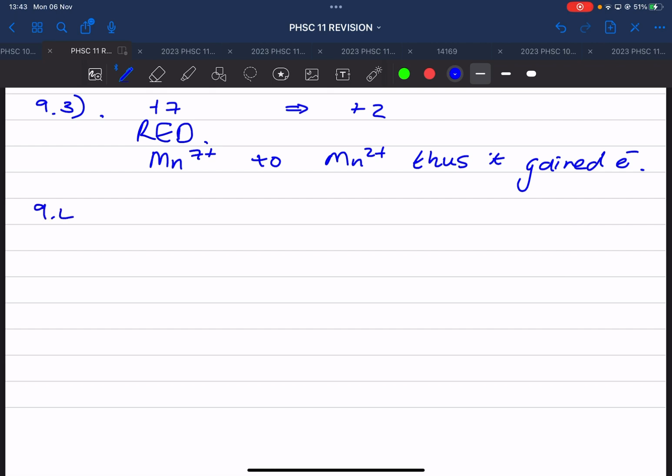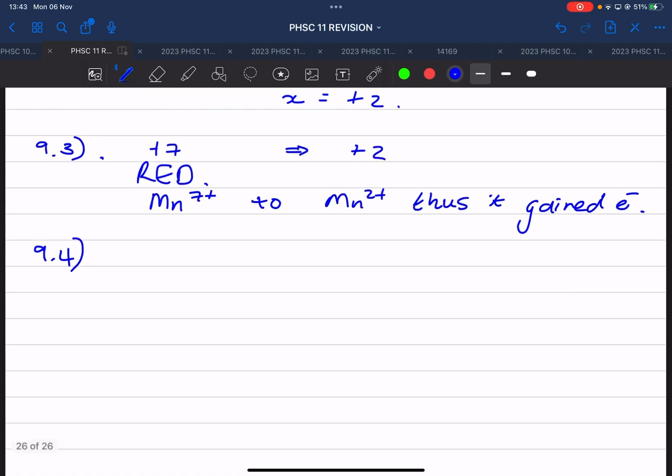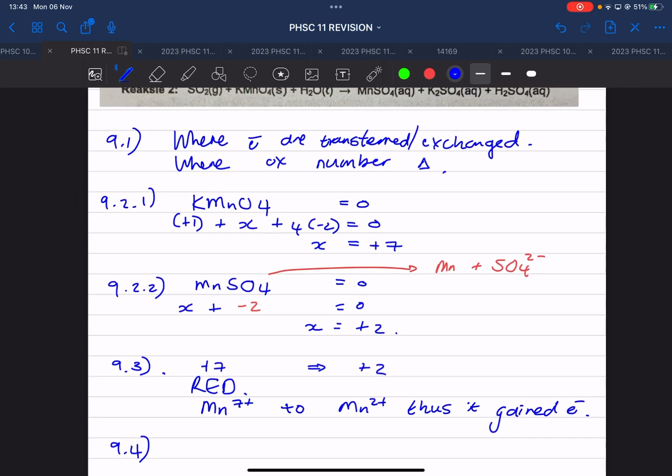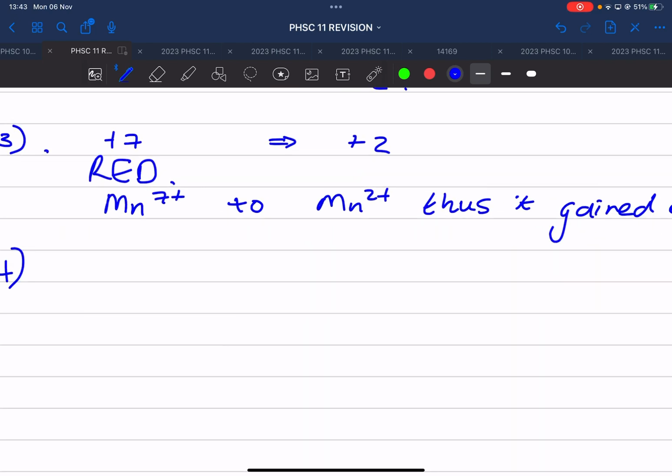Okay, 9.4. In which reaction, 1 or 2, does sulfur dioxide act as an oxidizing agent? First of all, the oxidizing agent is the one that is oxidized or the one that is reduced?